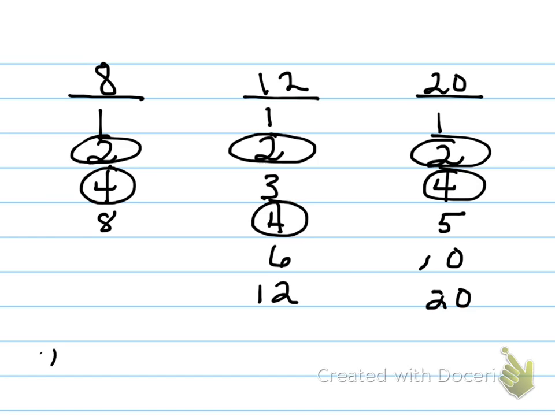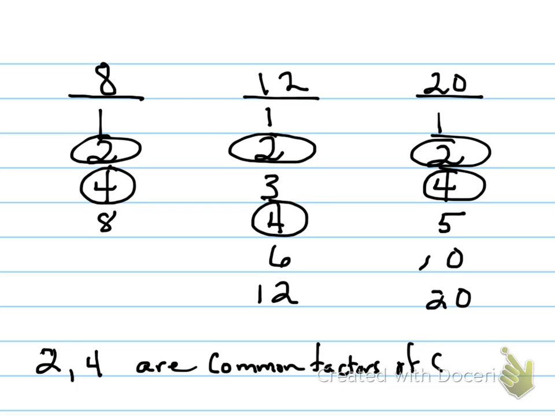So I can say that 2 and 4 are common factors of 8, 12, and 20.